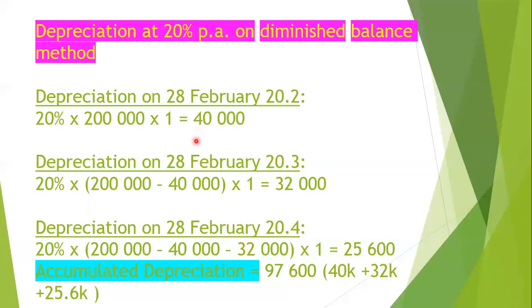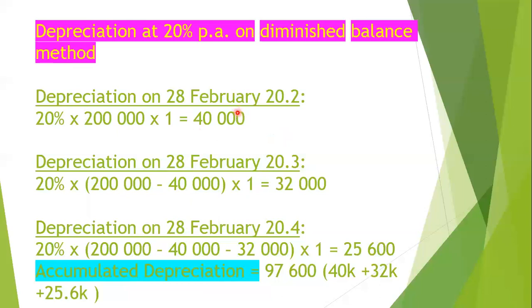Okay, so because it's the diminishing balance method, diminishing means it lessens. So when something lessens, it means with this method, the depreciation for each year is going to decrease. So because of that method, what they do is they minus the previous year's depreciation. So it is the 40,000 here.